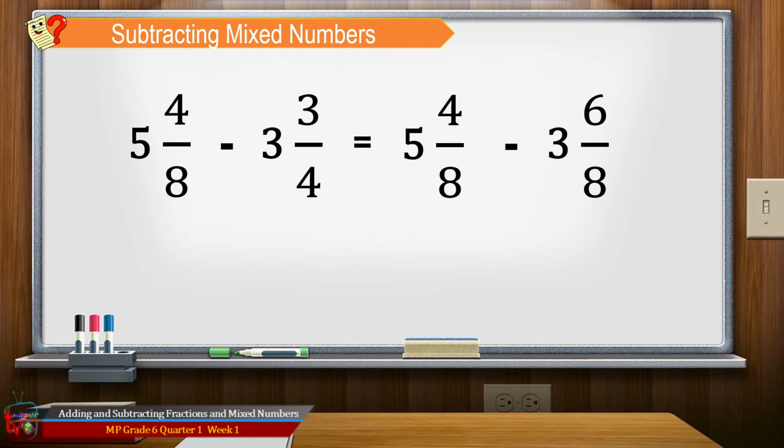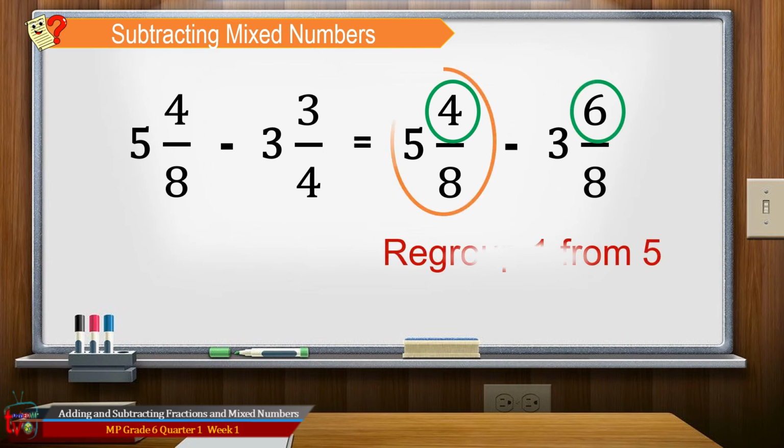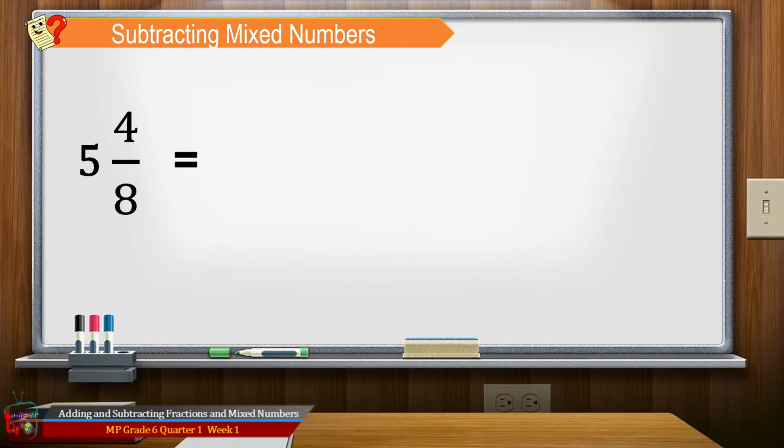However, in this case, we cannot subtract 6 from 4. So, there is a need for us to regroup 1 from our whole number 5. Here are the steps on how to regroup 5 and 4/8.